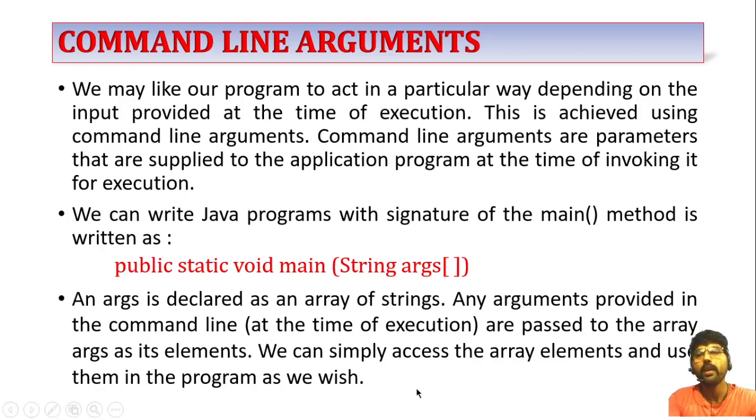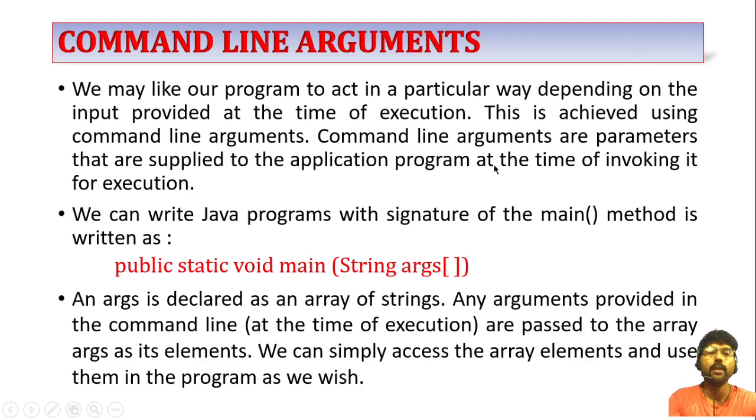There may be occasions where our program has to behave differently depending on the input given to the program during execution. That means when you run the program, the program execution will differ depending on the input provided.